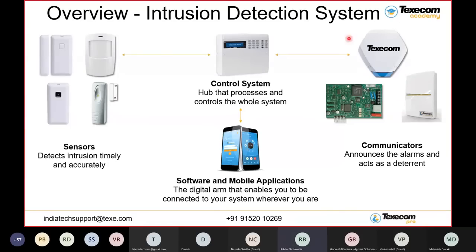Then the communication modules can be your sounder, your mobile application modules, landline dialers; all come under the communication module. And a more advanced version is the software; integrated software also comes under the communication module. So this is a little bit of explanation of what we have learned about the architecture.